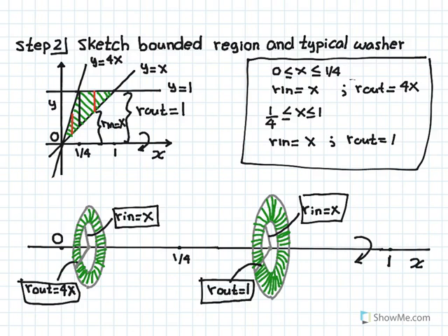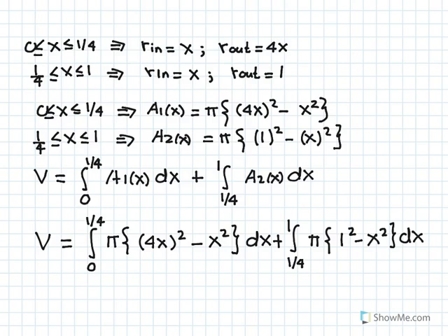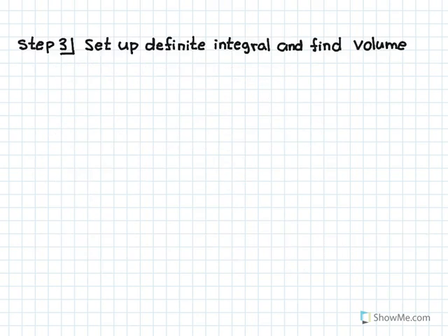So it's always important to define your inner radius and outer radius properly, because the integration usually is not that hard, but it's having the right setup that's important. All right, so now let's simplify this and integrate. We want to set up a definite integral and find the volume. So we've done that.